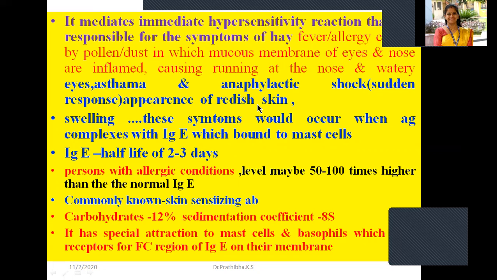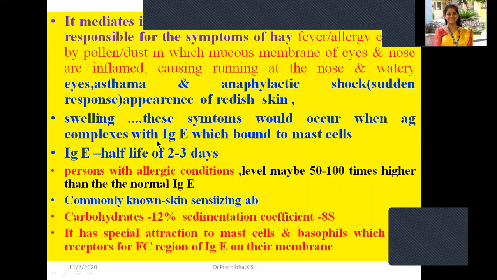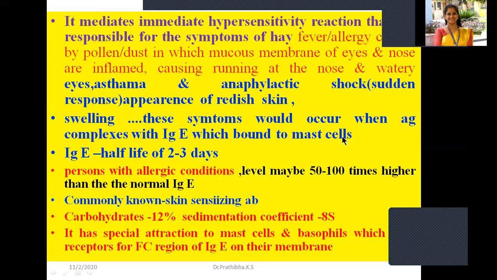Then appearance of reddish skin and swelling occur when antigen complexes with IgE bound to mast cells. When antigens like pollen or dust enter the body, they form complexes with the IgE bound to mast cells, which is responsible for all these symptoms.